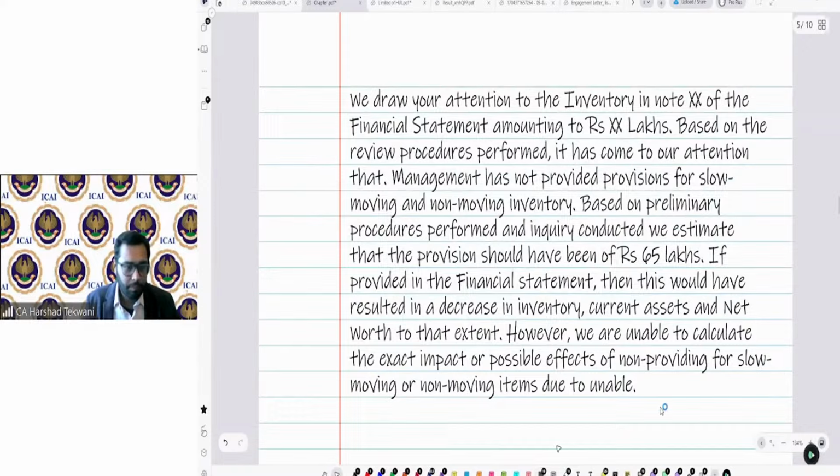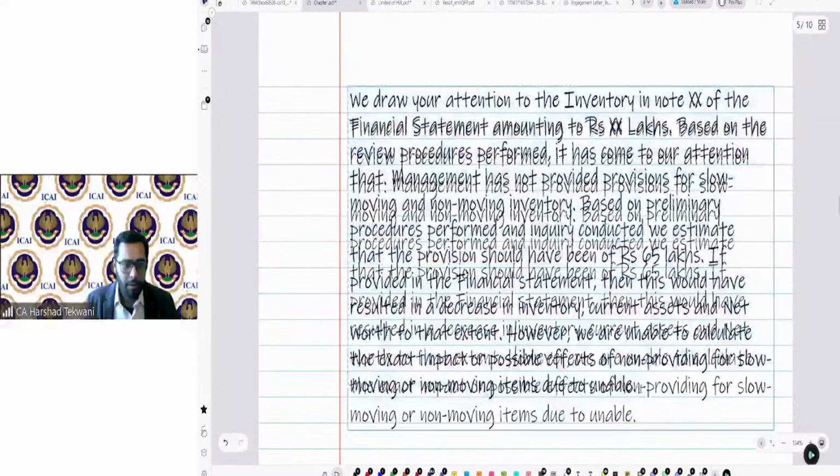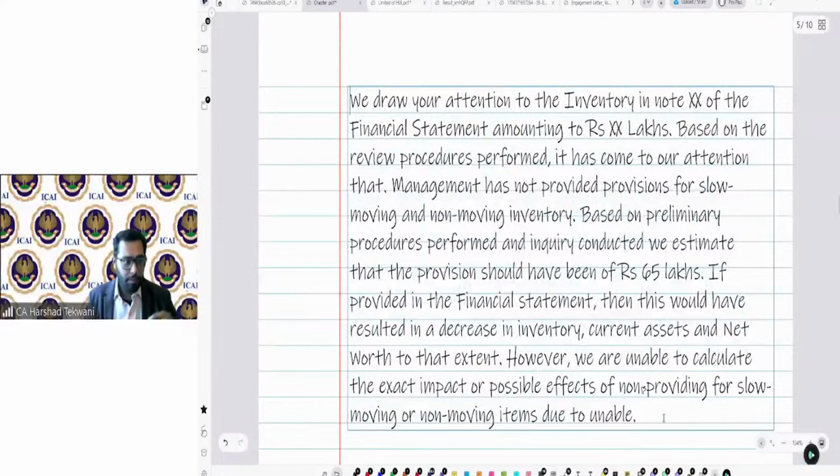If I have to write it down, usually this is how we write a basis for conclusion paragraph: we draw your attention to the inventory in note this of the financial statement amounting to this lakh. Based on the review procedures performed, it has come to our attention that management has not provided a provision for slow moving and non moving inventory.